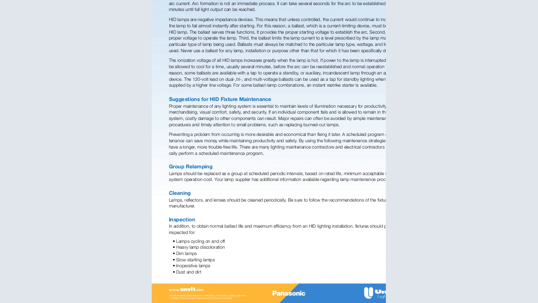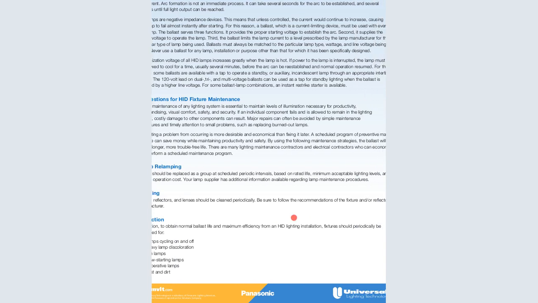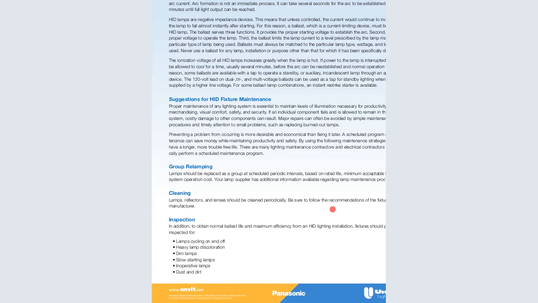The lamp supplier has additional information available regarding lamp maintenance procedures. Then, cleaning. The lamp reflectors and lens should be cleaned periodically.